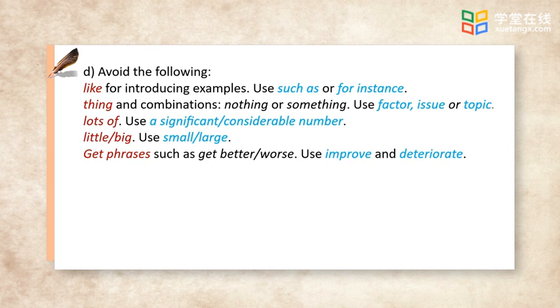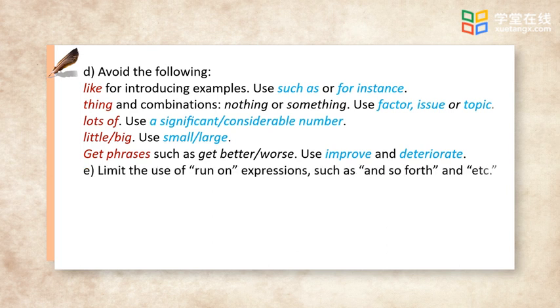Use factor, issue, or topic instead. Avoid using lots of. Use a significant or considerable number instead. Avoid using little, big. Use small, large instead. Avoid using get phrases such as get better, get worse. Use improve and deteriorate.